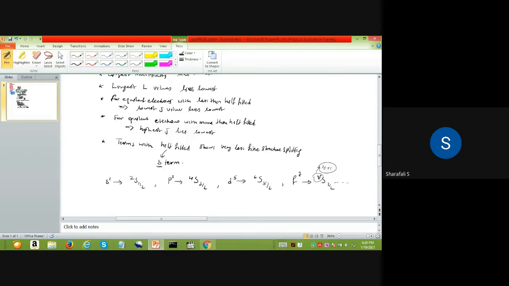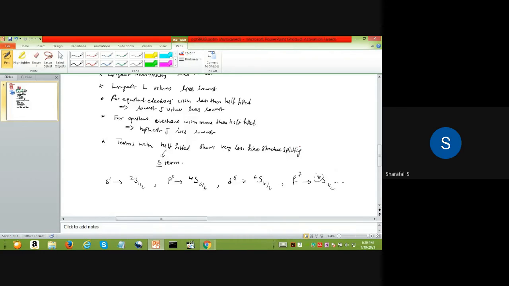This is actually 2S plus 1, and in this case you can get 2J plus 1. So these are the terms that correspond to this particular half filled case.